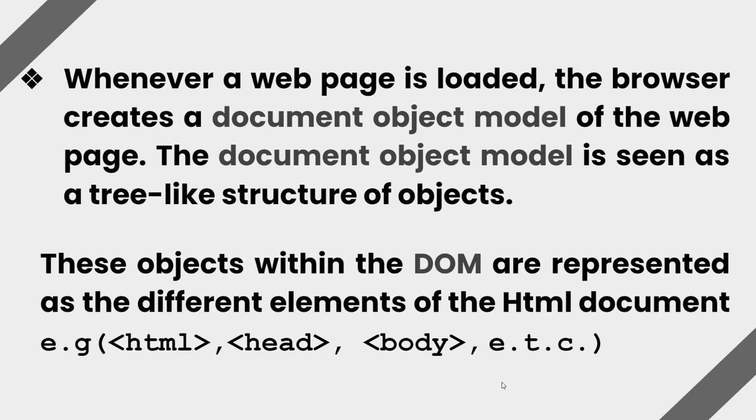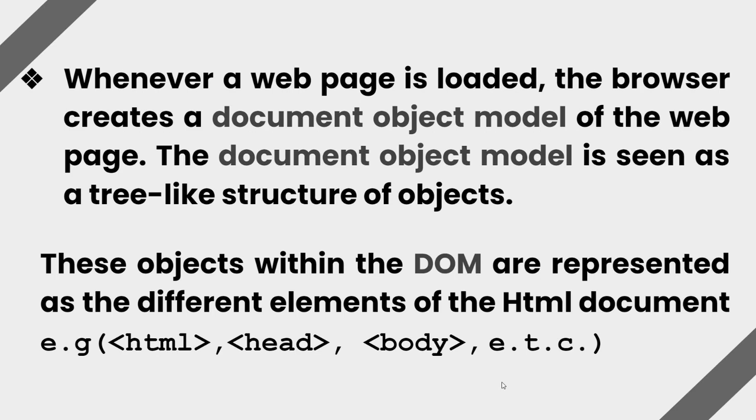Now, the objects within this document object model are actually represented as the different elements of the HTML document. So regardless of whether it's an HTML document or a hosted web page, the DOM actually has this structure. Now within this structure are objects. You know the way a tree is. From the starting point, it divides into different branches.